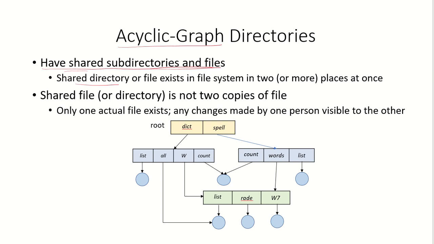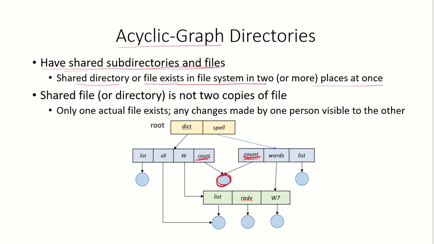So here the shared directory or the file exists in the file system in two or more places at once. So the entry of that file will exist in two places or multiple places at once. So let's see, if this is one file over here, then its entry is over here also and its entry is over here also.